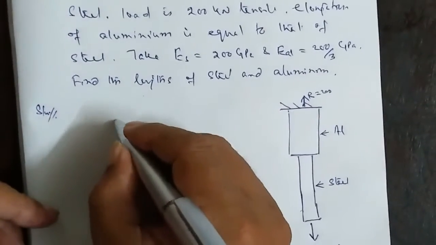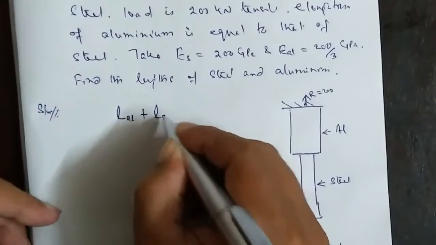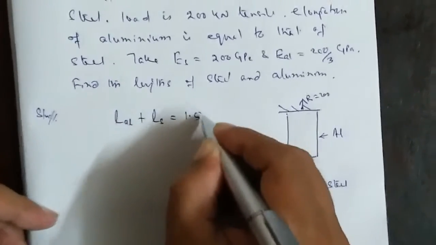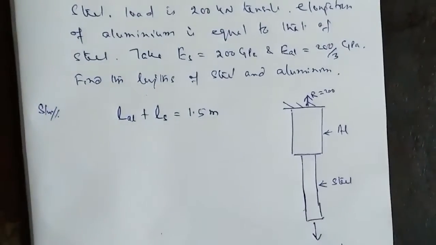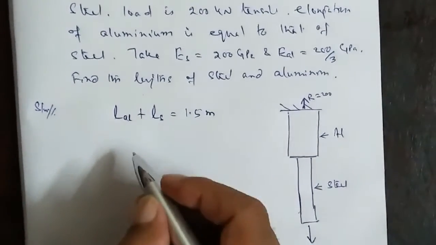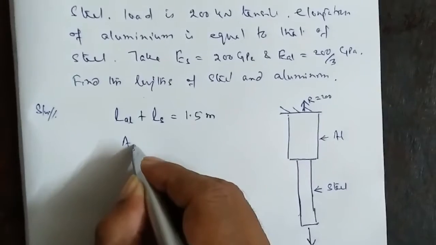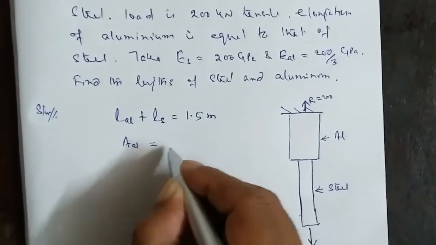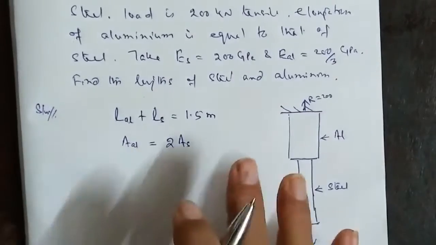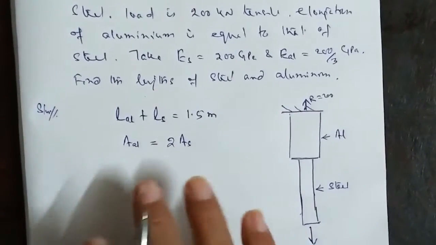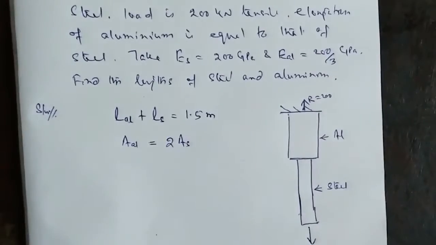So the given data is: length of aluminium plus length of steel is 1.5 meters. The area of aluminium is twice the area of steel. Area is not given, only the comparative magnitude is given. Area of aluminium is double the area of steel.